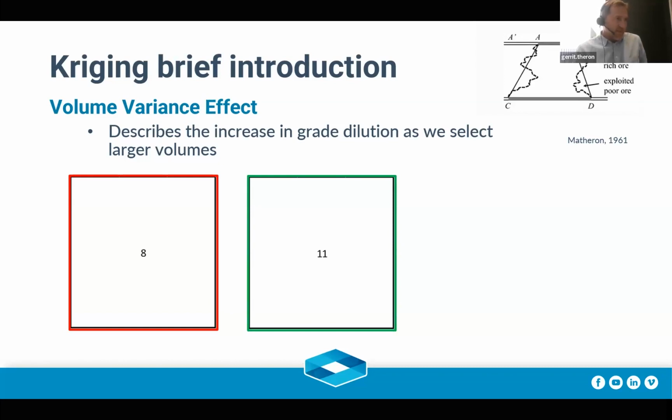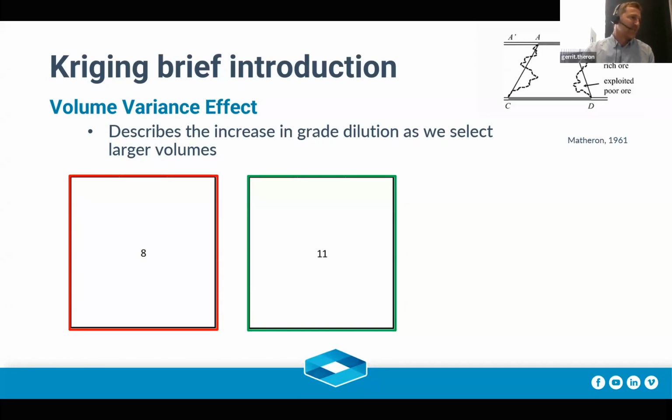So that might be a resource block, it might be a large panel, but for this example, let's assume that is a resource block that we estimated from our resource model with our exploration drill holes that are quite far apart.